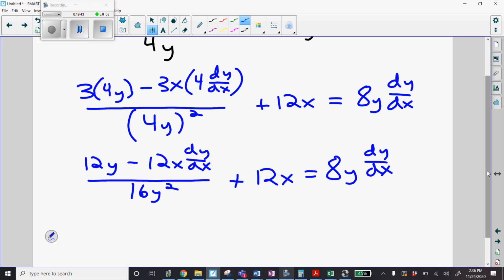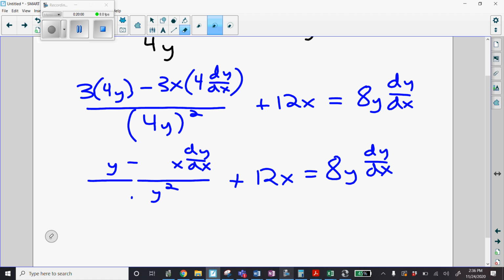Can't cancel out any x's or y's here, but I do see that they all are divisible by 4. So making my life a little bit easier, save a little bit of time. 12 divided by 4, 12 divided by 4, end up with 3, 3, 4.